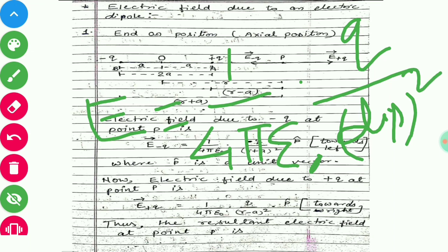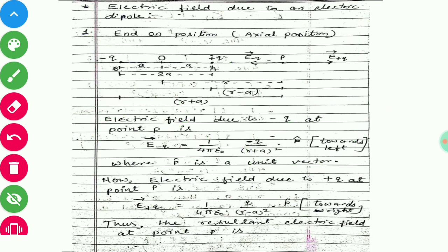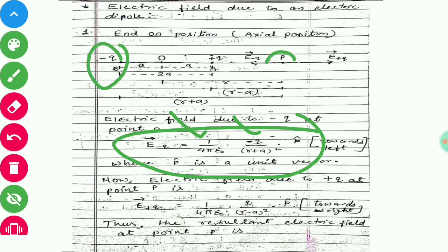I am not saying R square, it is distance square. So the formula for the electric field due to the negative charge is 1 by 4 pi epsilon naught, Q by distance square, where the distance from the negative charge to point P is PB square.